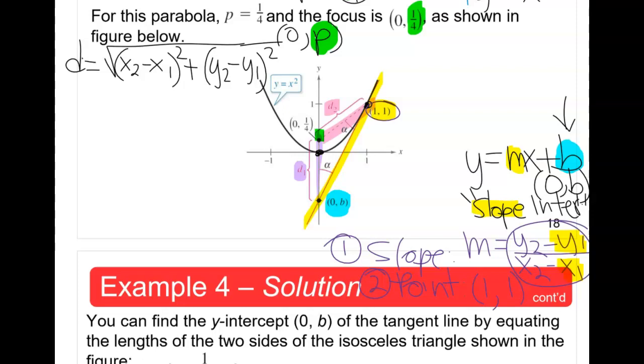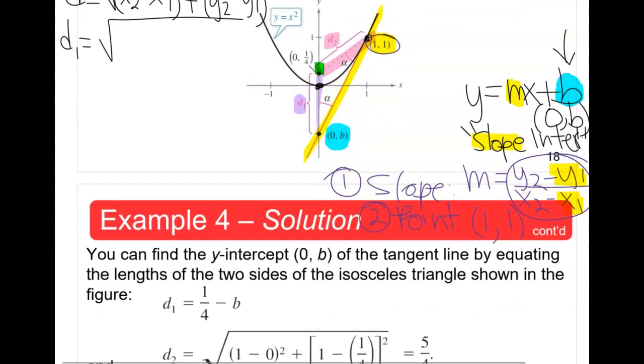So for D sub 1, okay, so let's say that this is our x sub 1, y sub 1, and then here we have x sub 2, y sub 2.